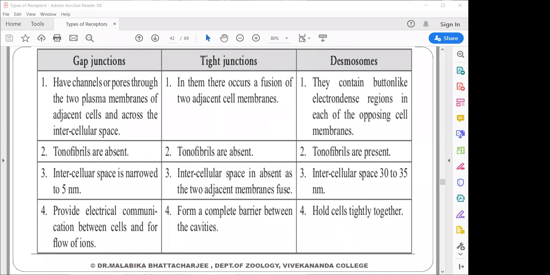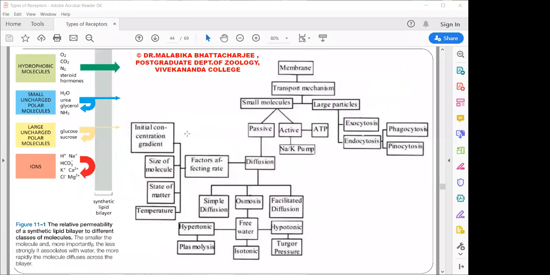Next, we are moving to the function of plasma membrane. Considering the importance of plasma membrane, its function is huge. But since your syllabus only asks to cover very few areas, I will be restricting my class to the active and the passive transport of plasma membrane, and the facilitated transport.